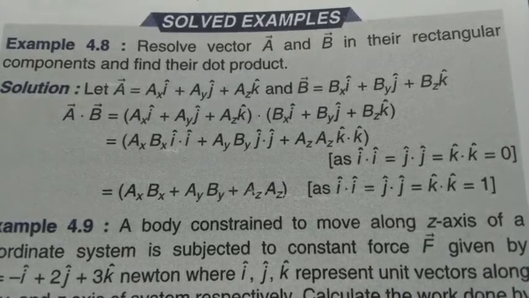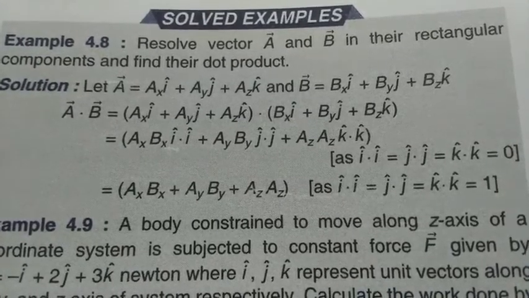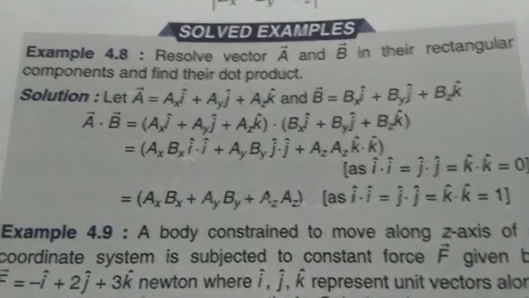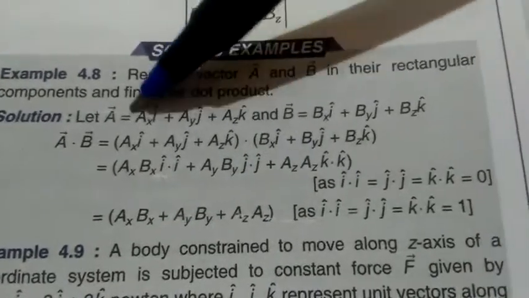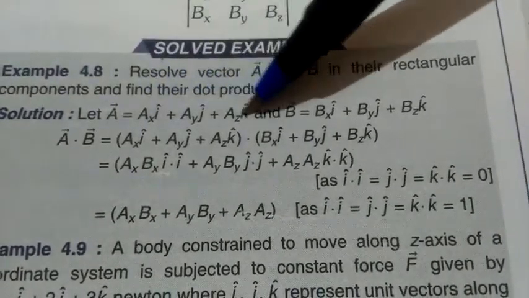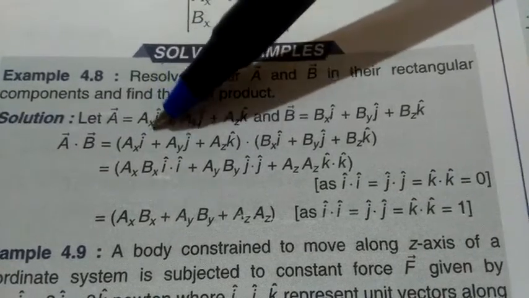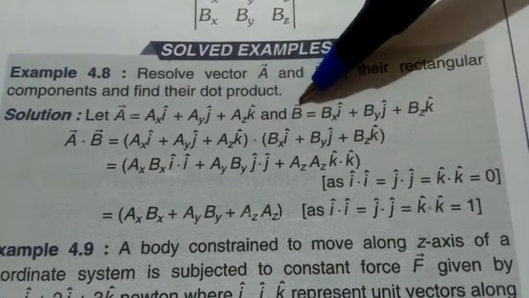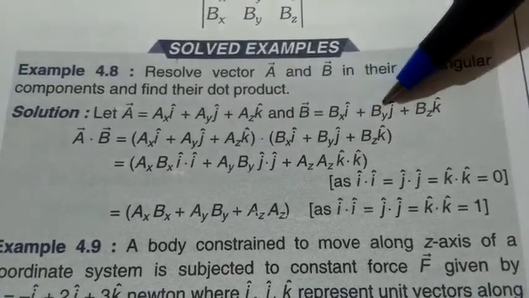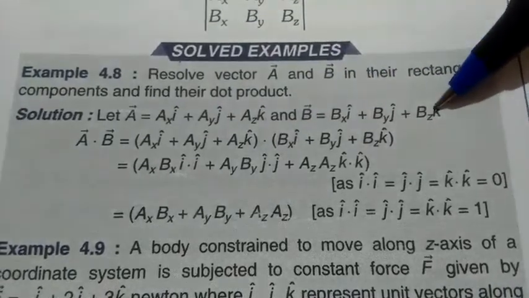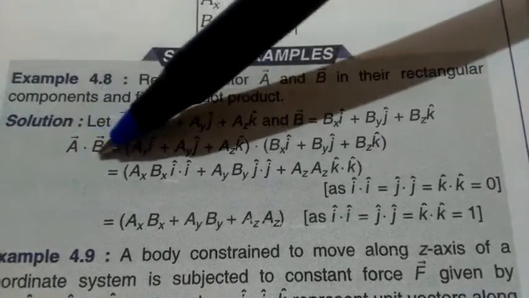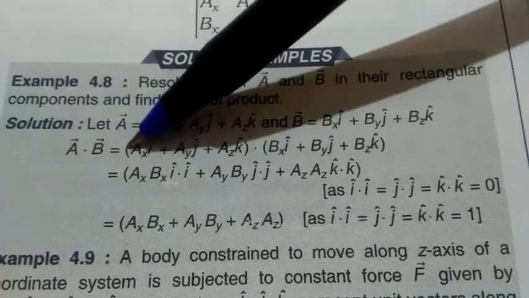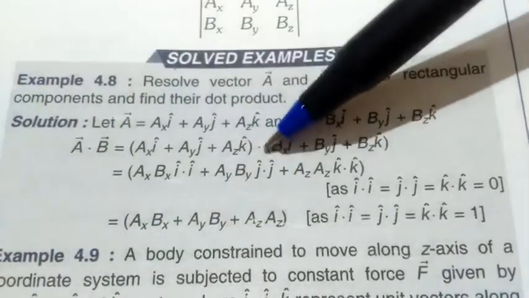Rectangular components means the x, y and z axes. For vector a, in terms of rectangular components, we write it as axi plus ayj plus azk. For vector b, it will be bxi plus byj plus bzk. Now we have to find the dot product, so here we have written vector a dot vector b.